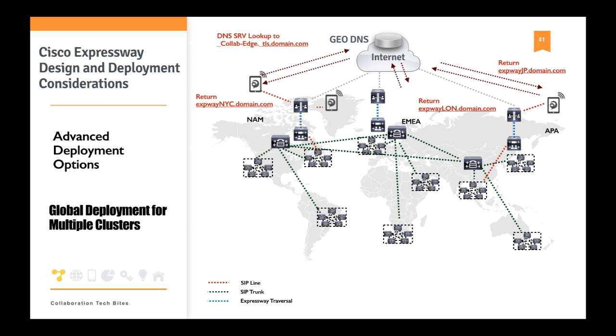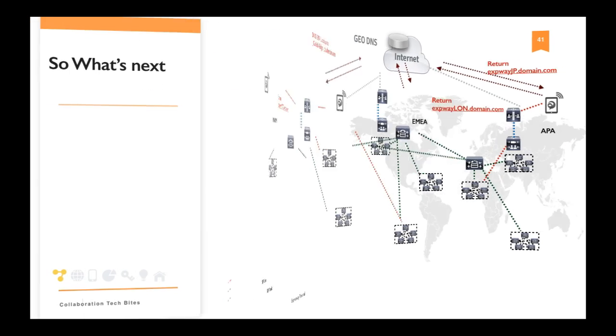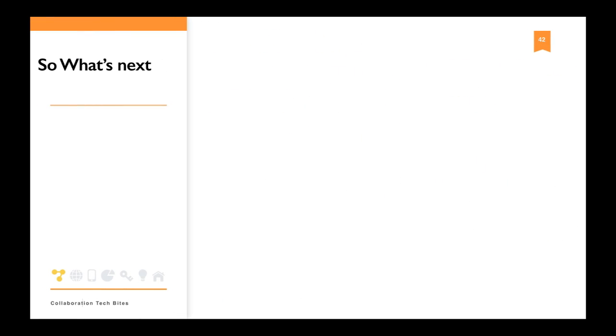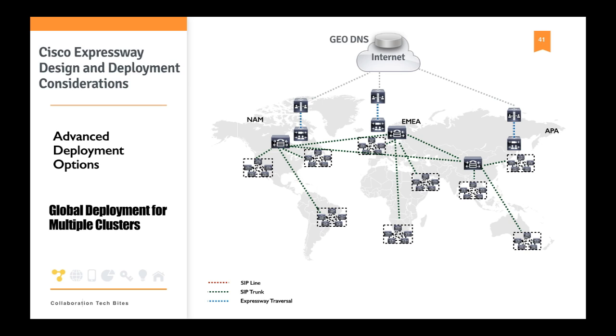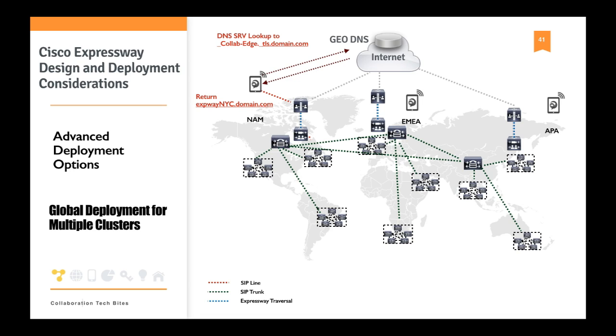Now, if a Jabber client is moved from one location to another, the GUDNS will return the actual SRV record, which will return the New York Expressway.